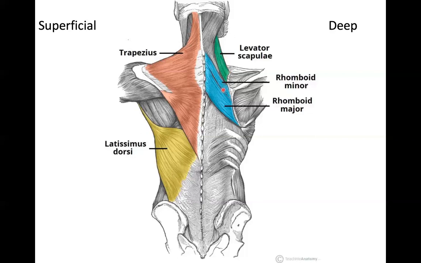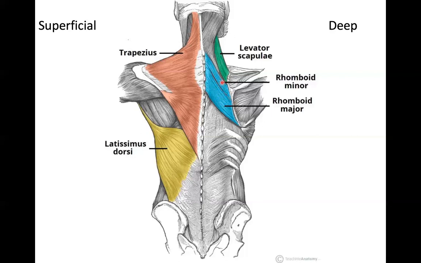These next two over here, they're both illustrated in this sort of teal color. They both have this oblique orientation. This is rhomboid minor and rhomboid major. Rhomboid major is the bigger one, and rhomboid minor is the smaller one.